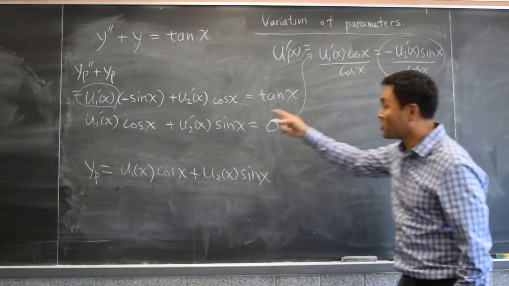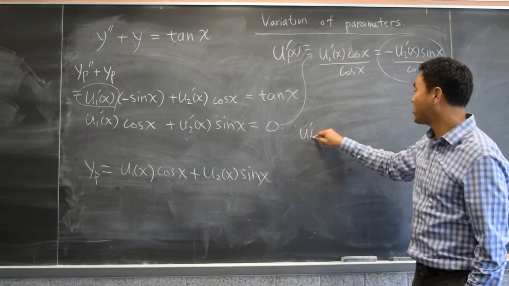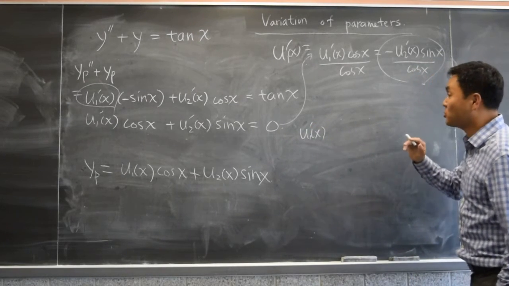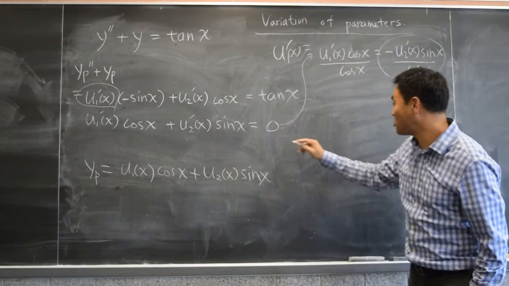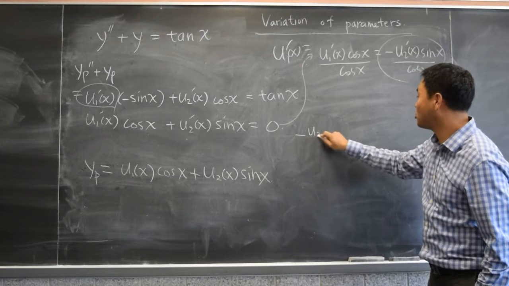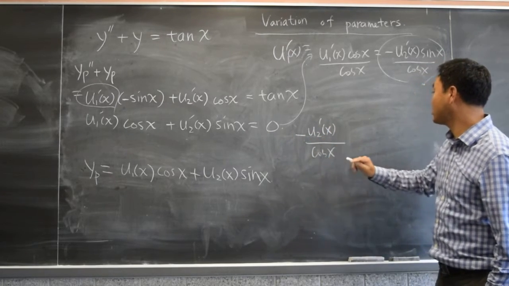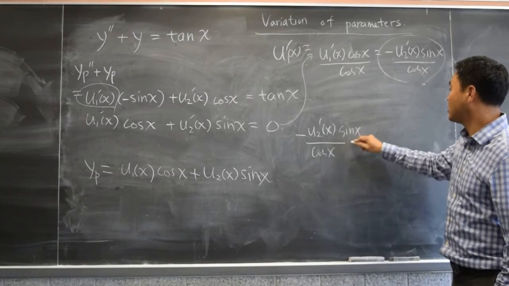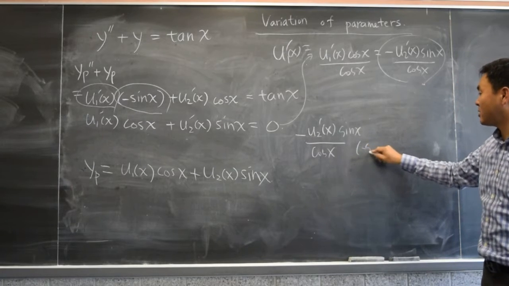So let's plug this in here, and you would get: u1 prime should be replaced by minus u2 prime of x over cosine of x, times sine x. And then there's this negative sine x there, so I put that there.